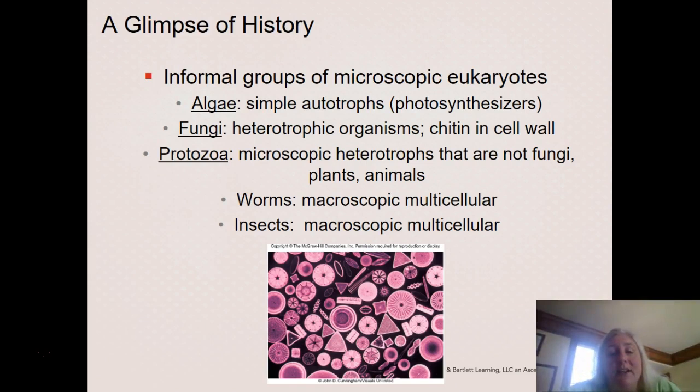We also tend to look at helminths, which are the worms. Though they are macroscopic, the eggs and often the larval forms are very, very small, microscopic. So we tend to study worms or helminthic organisms in microbiology as well. And we'll end with insects.